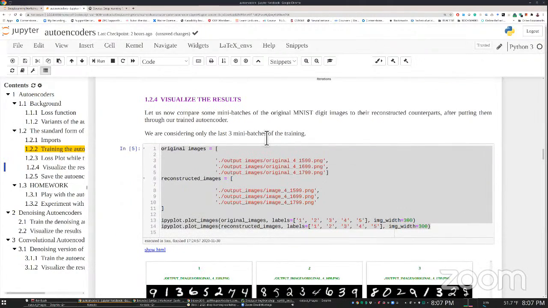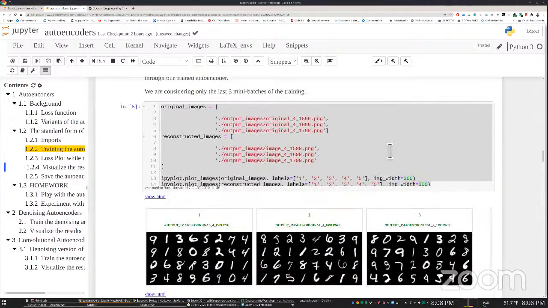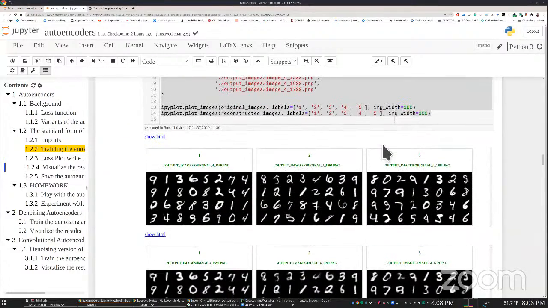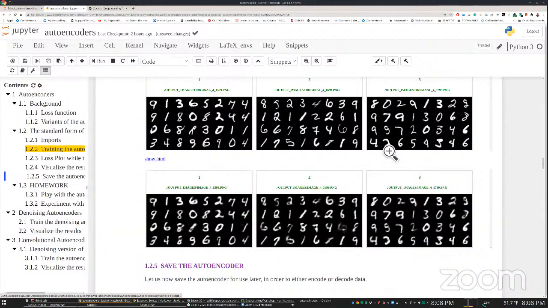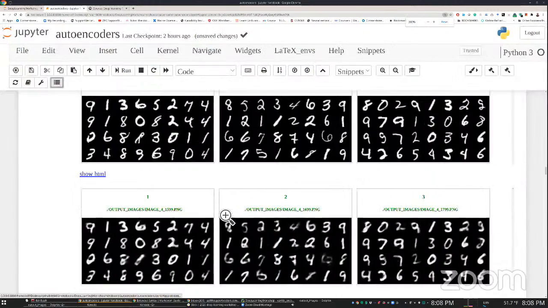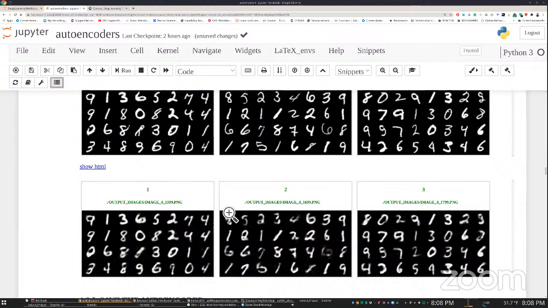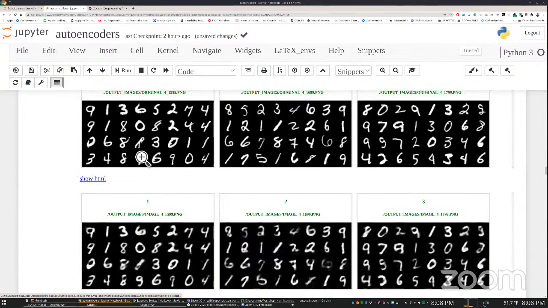Now let's visualize the results. What do we do once we build a model and it looks good? Let's visualize the results and see if it makes sense. So here, let me make it even bigger. So guys, this is the original image here.